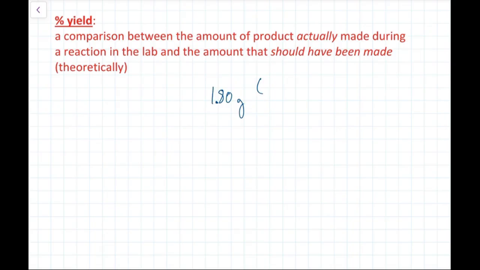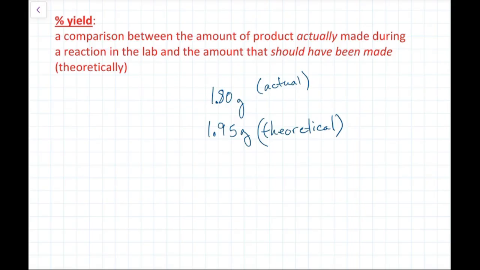That becomes what we call your actual yield. But then let's say that you calculated that you should have made like 1.95 grams. That we call your theoretical yield.